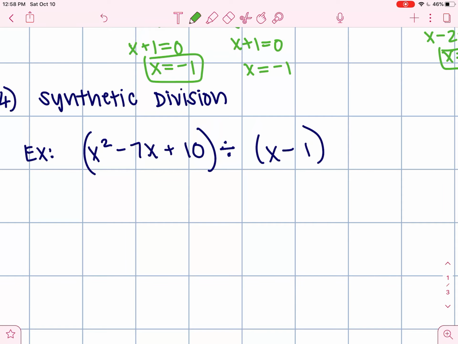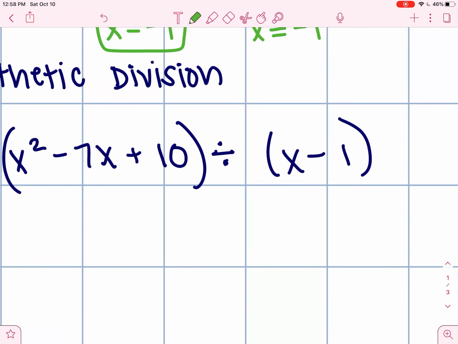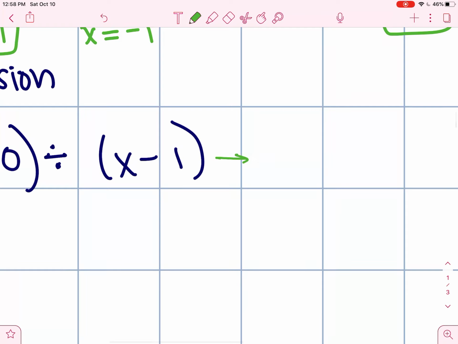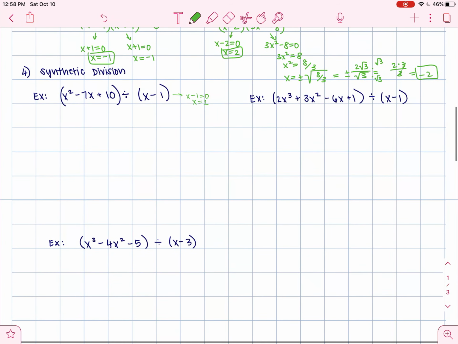So if we are given that x minus 1 is a factor of this equation, then we know that x minus 1 is equal to 0, x is equal to 1. So 1 would be a factor.